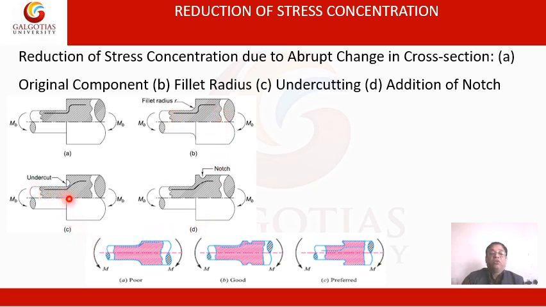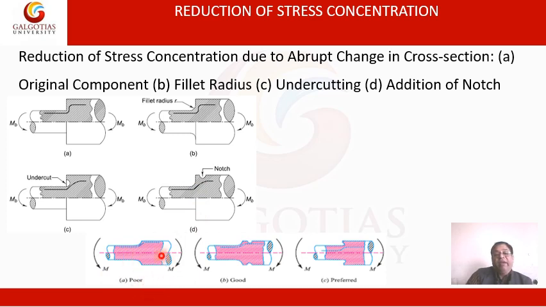You can also cut an undercut at that corner, which will also reduce the stress concentration in the shaft. Another way, you can create the notch at the upper side of the shaft, that will also reduce the stress concentration at the corner.